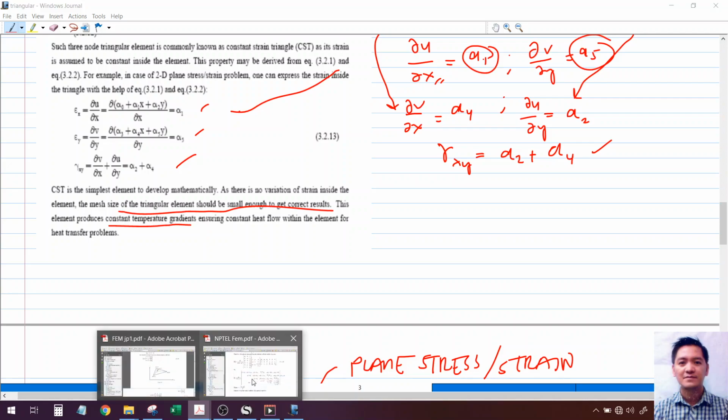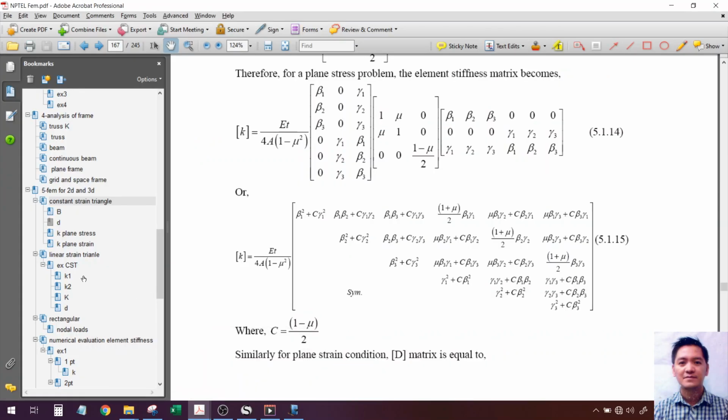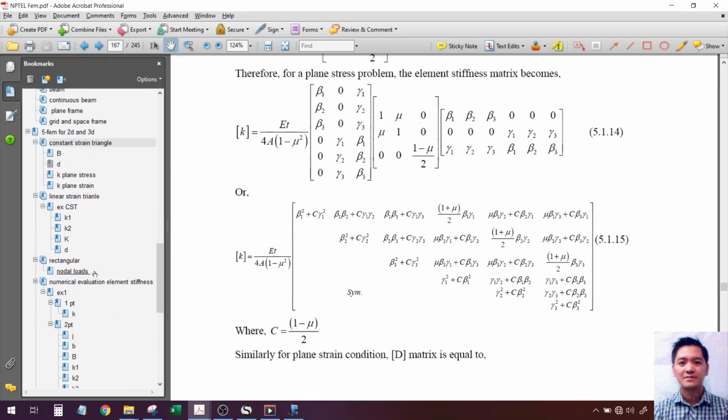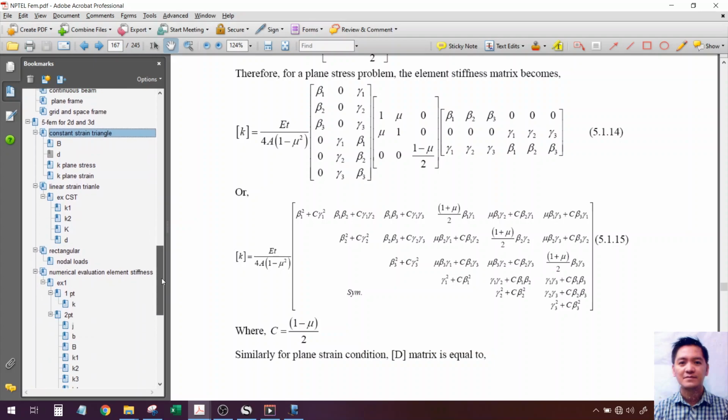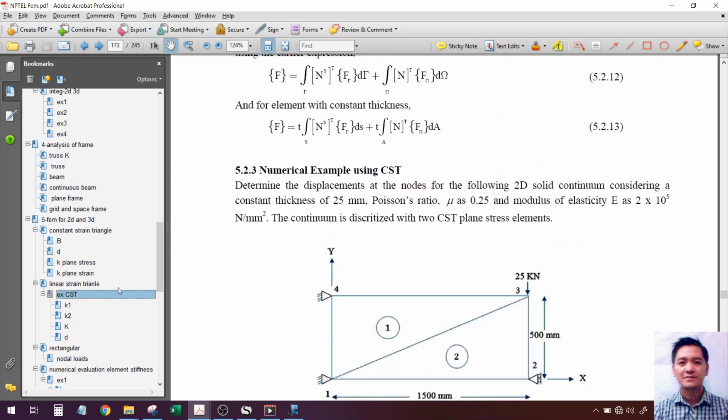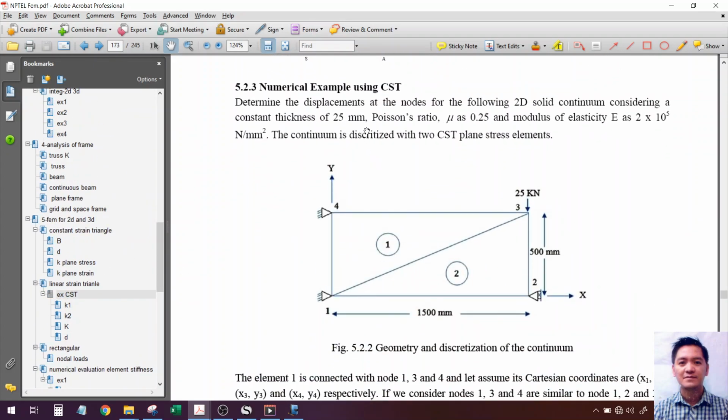So, let's proceed with the example. Okay. Constant strain. Where's that? Ito. Okay, determine the displacements of the nodes for the following 2D solid continuum. So, ito naman, in a plane stress problem.